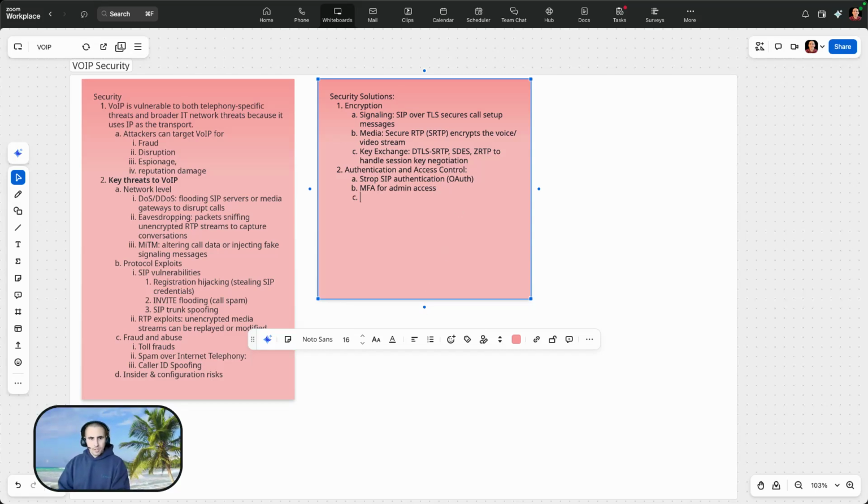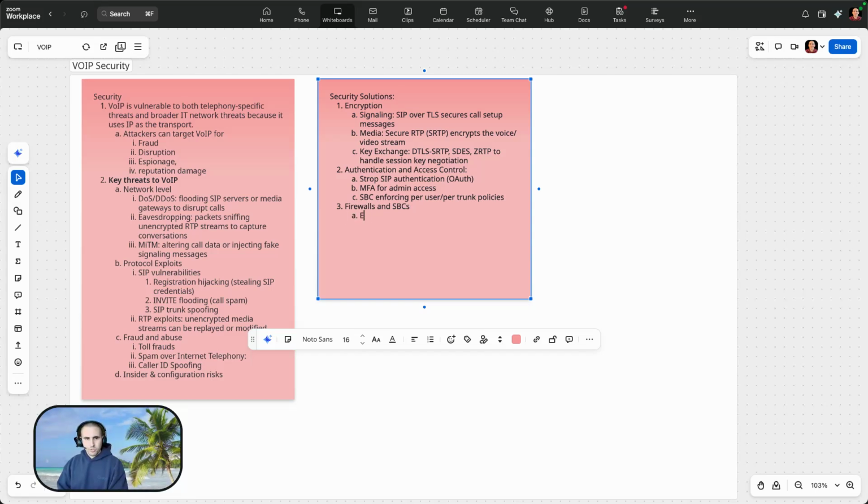And then session border controllers enforcing per-user, per-trunk policies. So we'll get into session border controllers here too. Firewalls and SBCs. Okay.